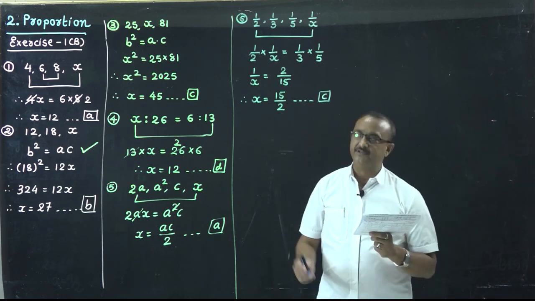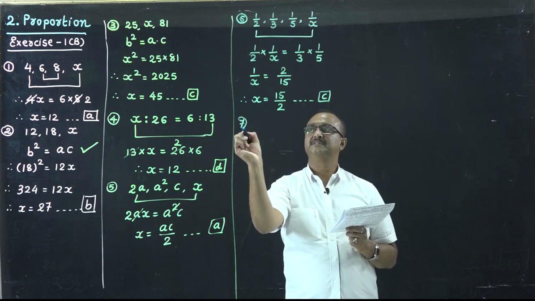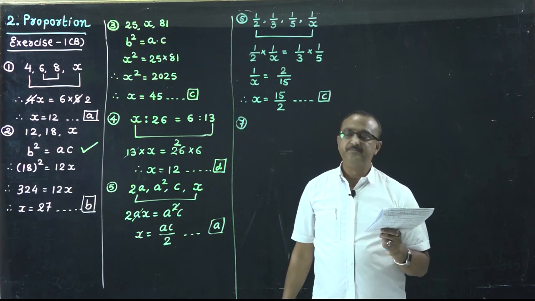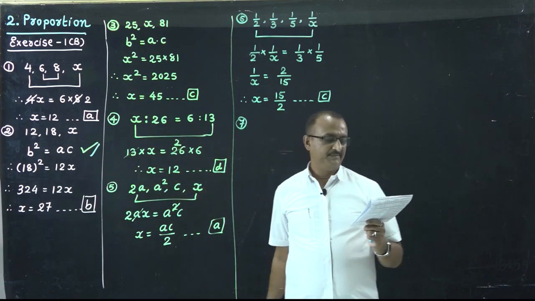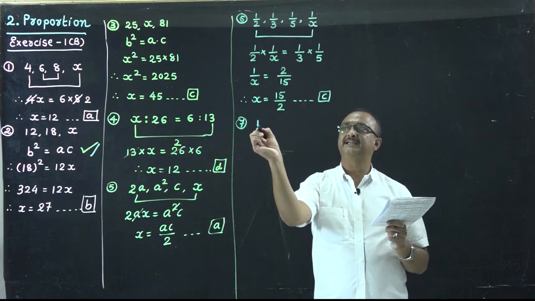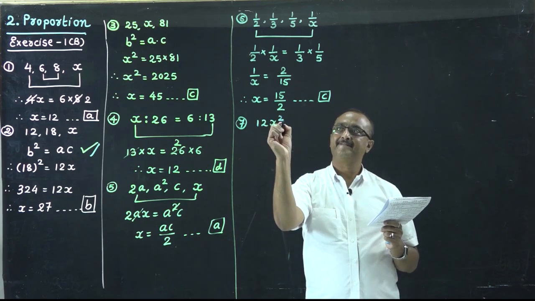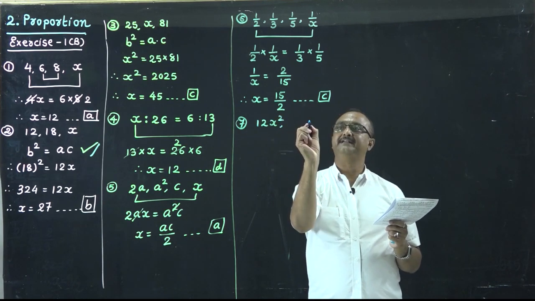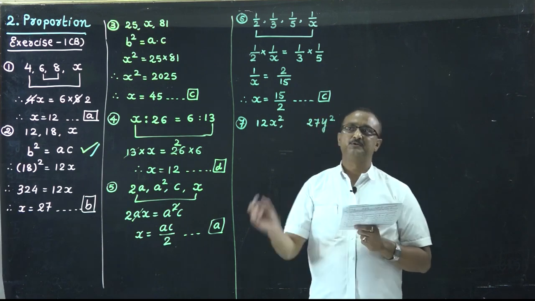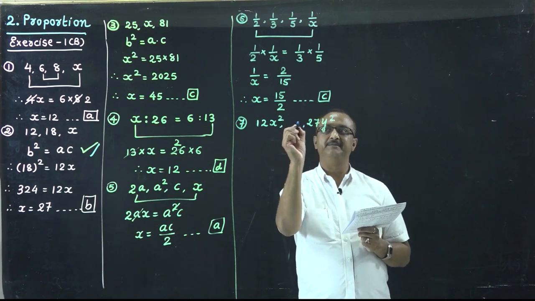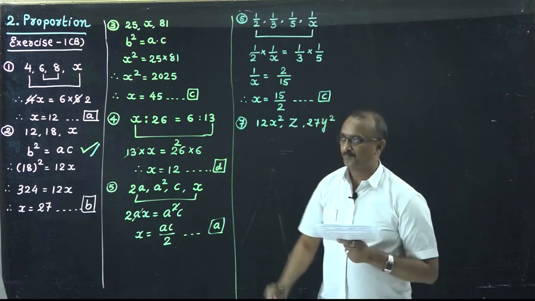Okay, now 7 number. The mean proportional between 12x square and 27y square. Okay, mean proportional is asking, we are taking here mean proportional equal to z.